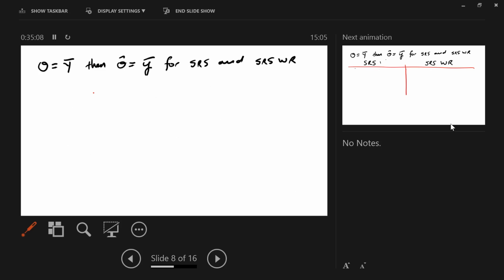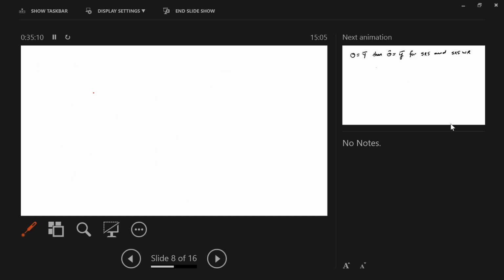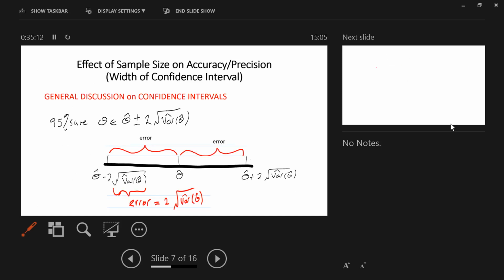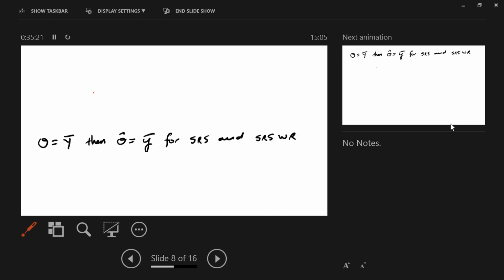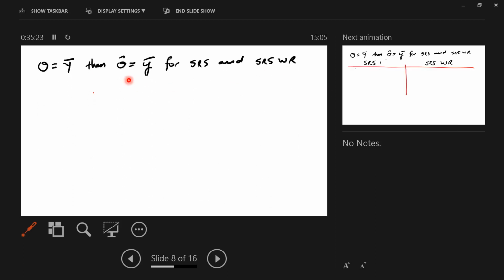So in this case, let's take the special case now. I'm going to take this previous idea, which is applicable to all types of sampling and all estimators. In this particular case, the thing I'm interested in estimating is the population mean. How am I going to estimate it? I'm going to estimate it with a sample mean. What am I doing?